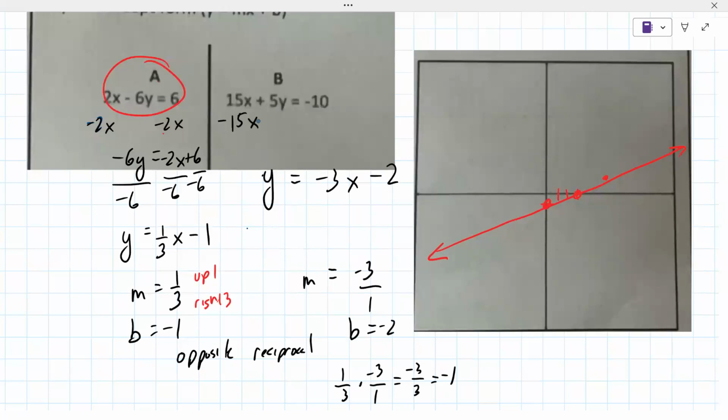And then the last one here on the right, -3/1, down 3, right 1, but you're starting at -2. So you're going down 3, right 1. And it should roughly look like they hit at a 90-degree angle. Hopefully you could make it look like that.